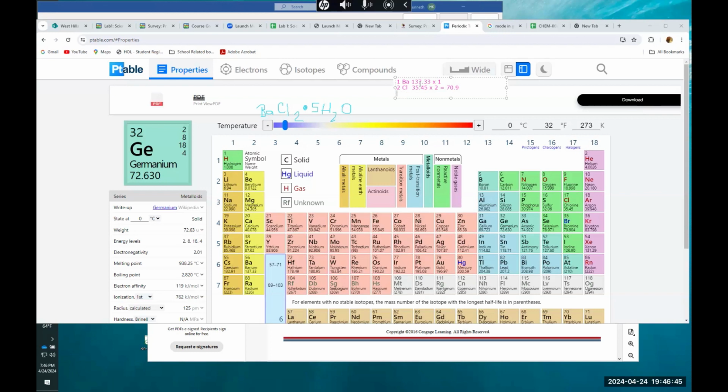And how many hydrogens? 5. Oh no, 10. We got 10 hydrogens, and that's 1 each.